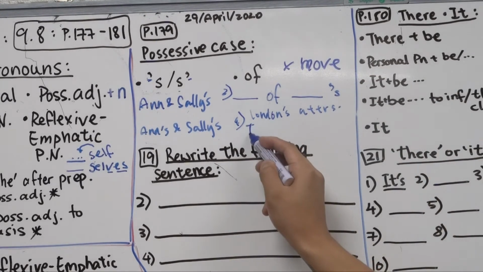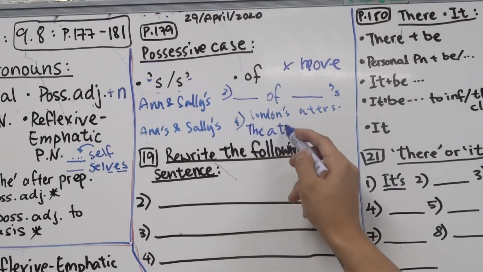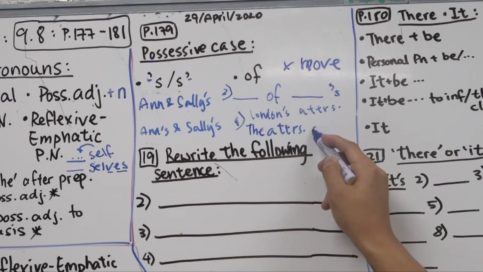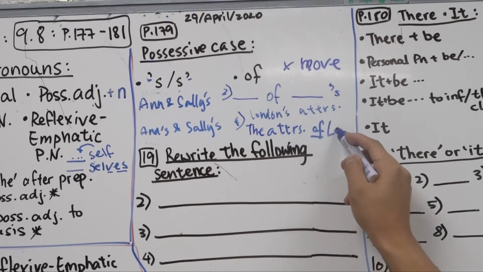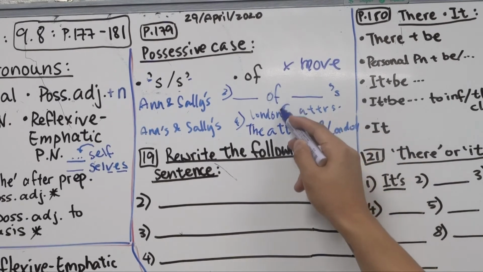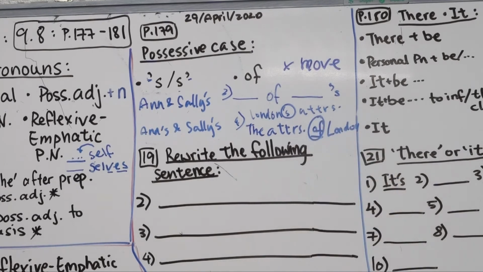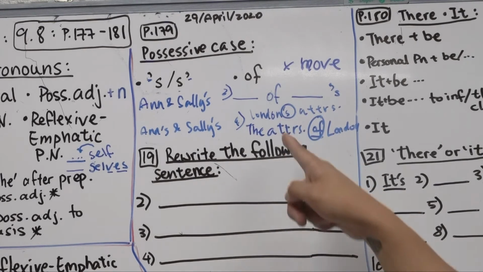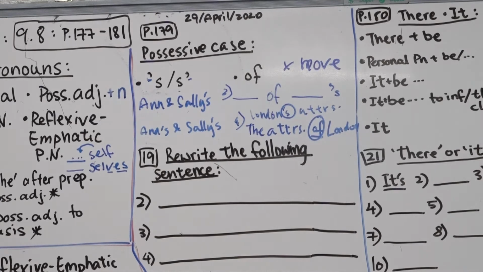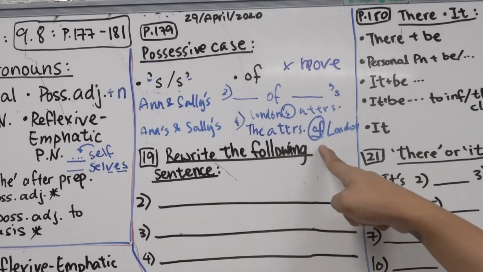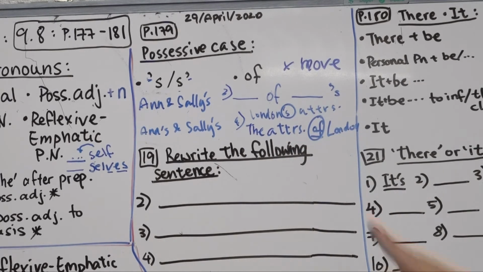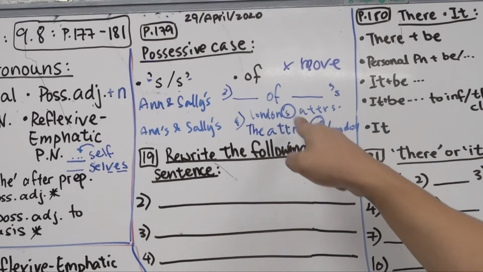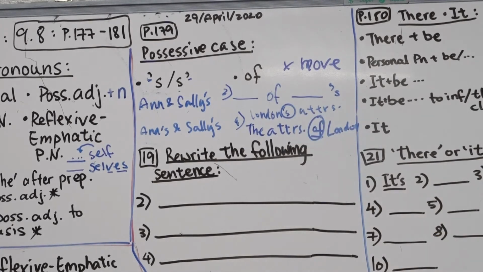And then you can say the attractions of London. Here we have the apostrophe. Here we have of. So it depends on what we want to emphasize. Do we want to emphasize London, London's attractions, or the attractions itself, the attractions of London? So these two have the same meaning, belonging or possession, okay?